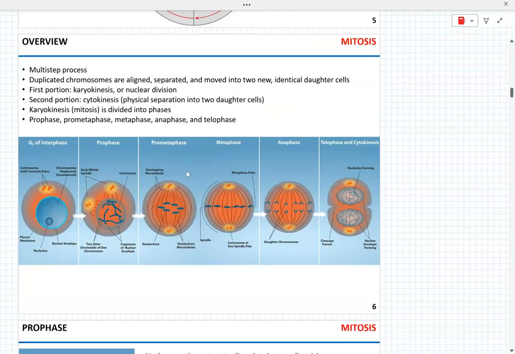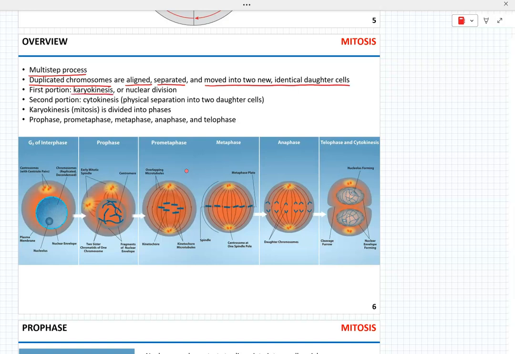Once the interphase is complete, mitosis starts. This is the multi-step process in which duplicated chromosomes, each consisting of two sister chromatids, are aligned at the equator of the cell. Sister chromatids are separated and moved into two identical daughter cells. The first portion of mitosis is called karyokinesis, or nuclear division.